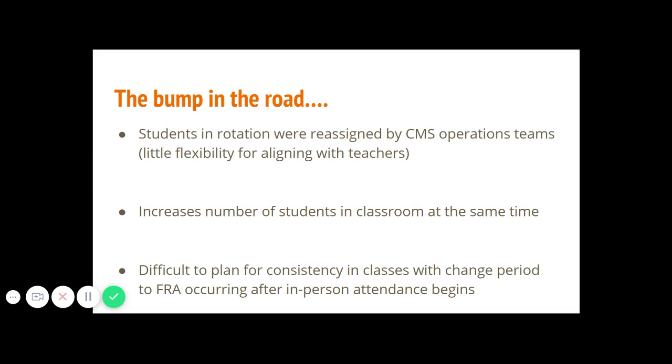It does make it difficult to plan for consistency in classes, with the change period to full remote academy occurring after in-person attendance begins. And that was a part of the reason that we decided to survey families and see how many were considering a change so that we could make the best plan moving forward.